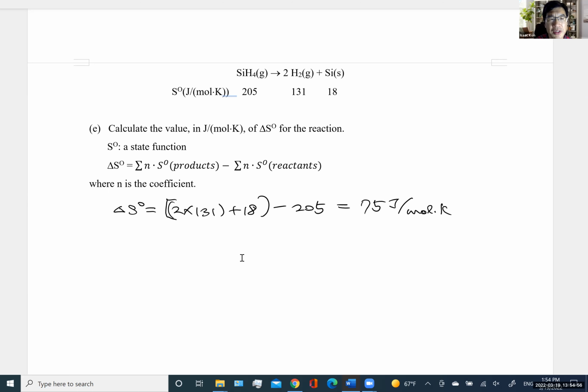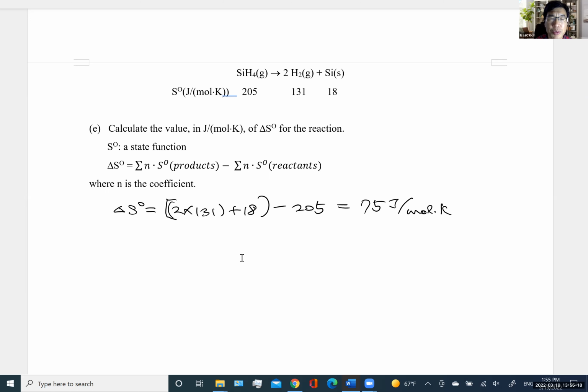So for a state function, we can calculate the value this way. Reaction entropy can be calculated from the product absolute entropy multiplied by its coefficient, and we do the same thing for the reactant side, then subtract product minus reactant, where n is the coefficient, because the absolute entropy is given per mole. So let's do that.